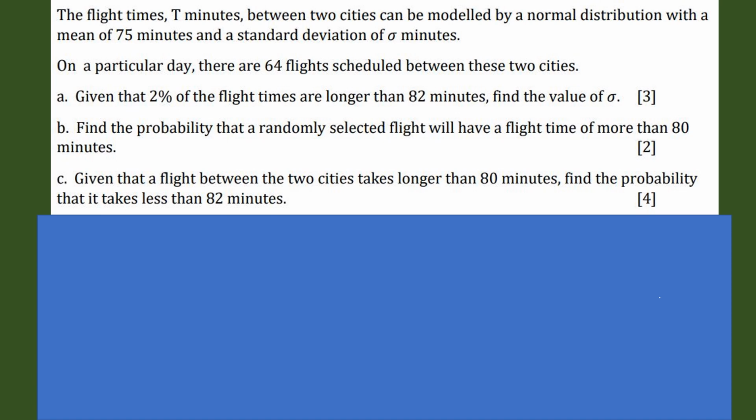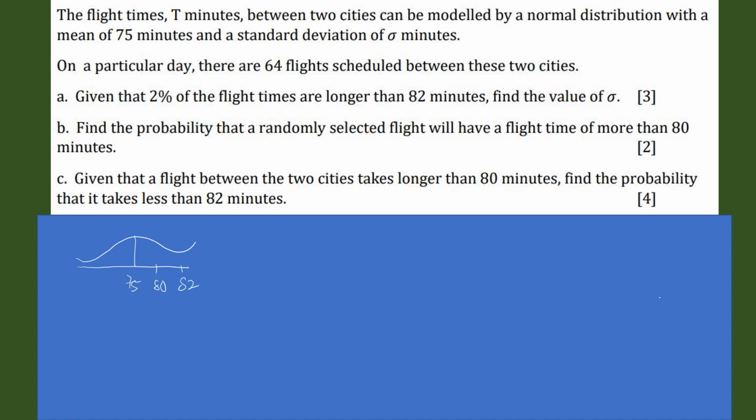Given that a flight between the two cities takes longer than 80 minutes, find the probability that it takes less than 82 minutes. Okay, the best way again to understand the problem is to put it in a normal curve. So we have here our mean and our scores given, 80 and 82.